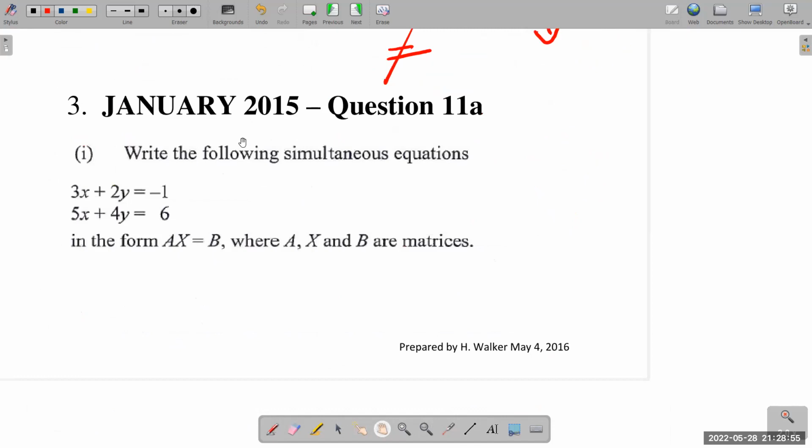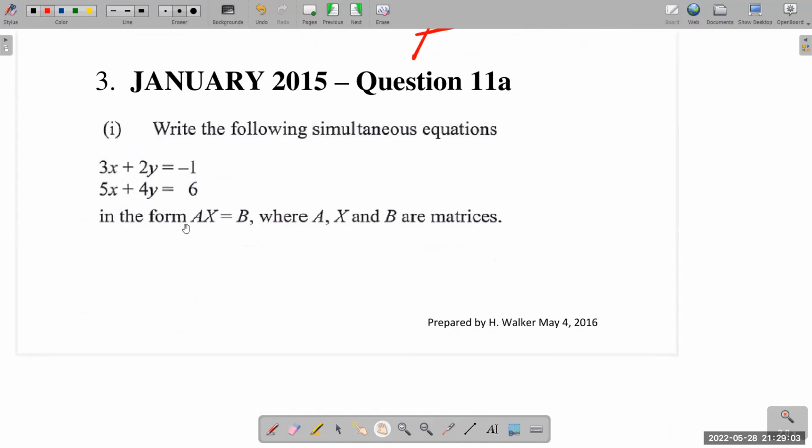Moving on. Write the following simultaneous equations in the form AX equals B. You get 1 mark. Do you want me to do it quickly again? How do I write it in AX equals B form? Who represents the A? The coefficients. So A would be 3, 2, 5, 4.